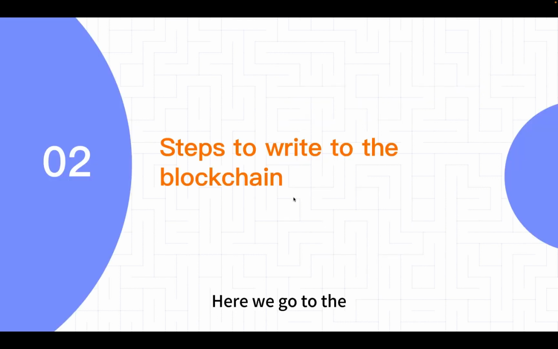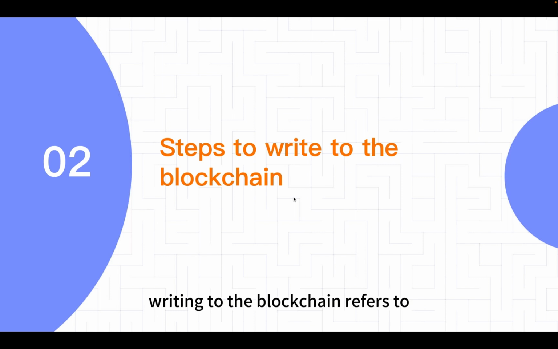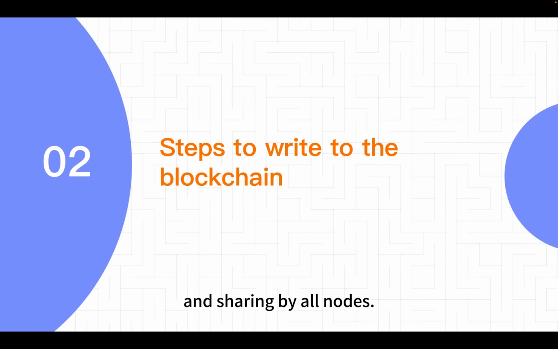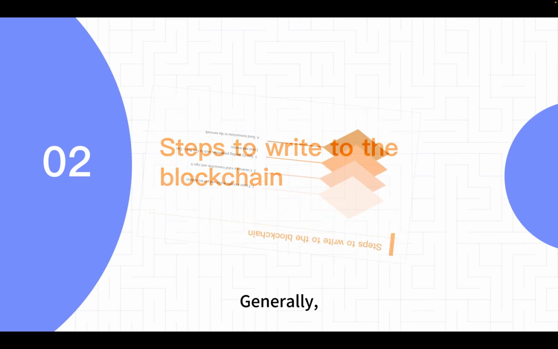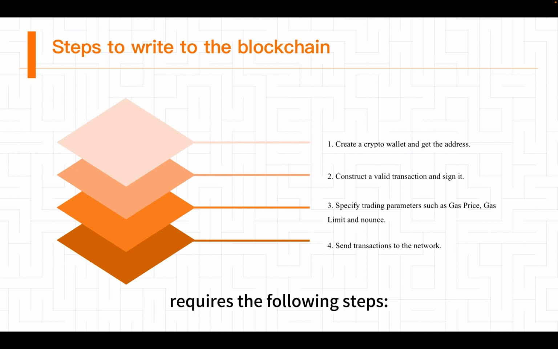Here we go to the operational steps of writing to the blockchain. Writing to the blockchain refers to permanently storing the transaction records on the blockchain for verification and sharing by all nodes. Generally, writing transaction records to the blockchain requires the following steps.